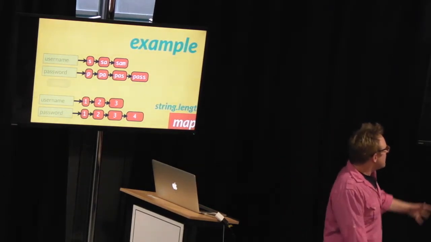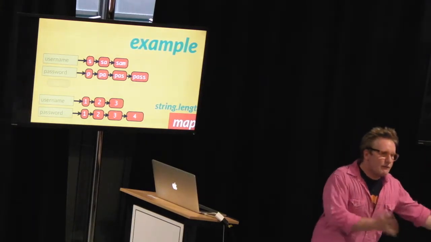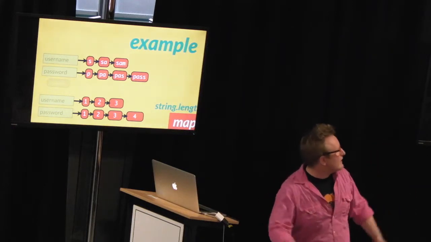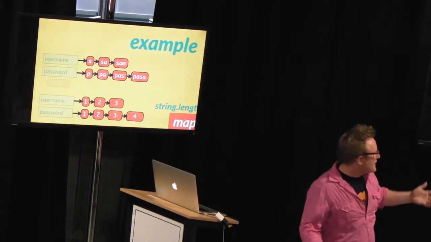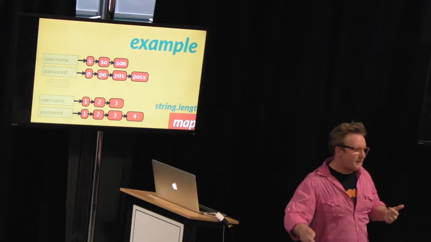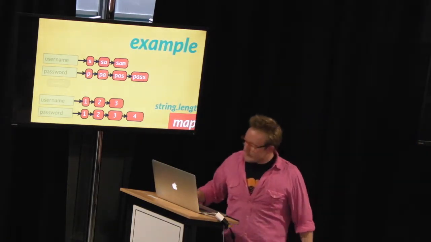pipeline around it. My first thing is I'm going to map it. Map is: take what you've got, take this event, do something with it, and then spit out the result. So my map is going to be from the string, which is my payload now, right? I'm going to find the length of it and spit that out instead. So now I've got 1, 2, 3, 4.